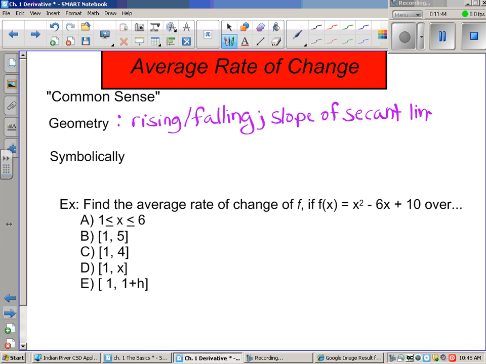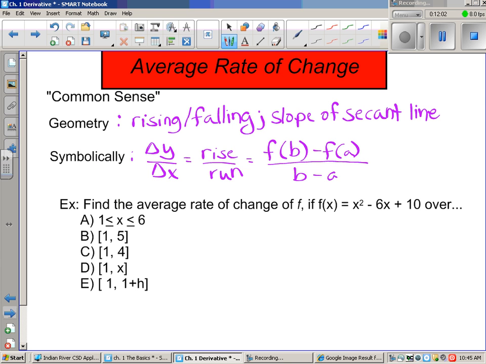That's what that rise over run actually entails. Symbolically, you have the change in y over the change in x, rise over run, or f of b minus f of a over b minus a, where you're actually plugging numbers in.